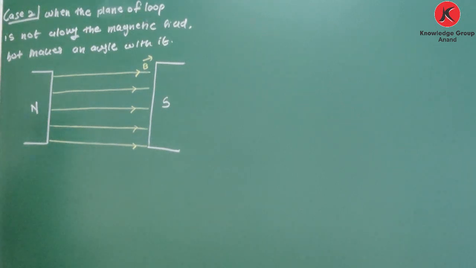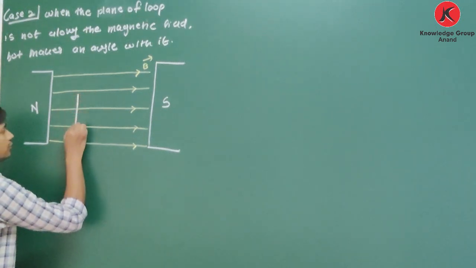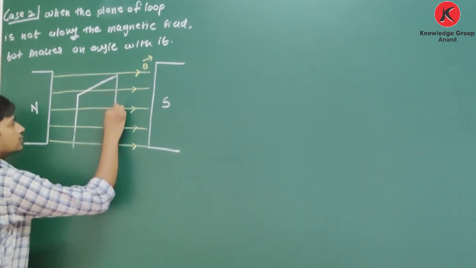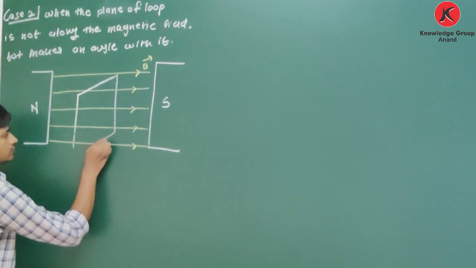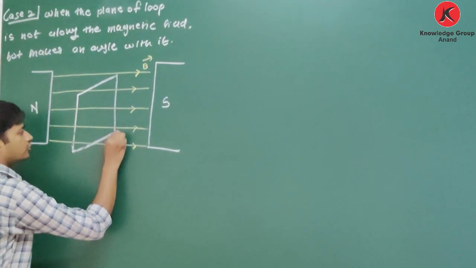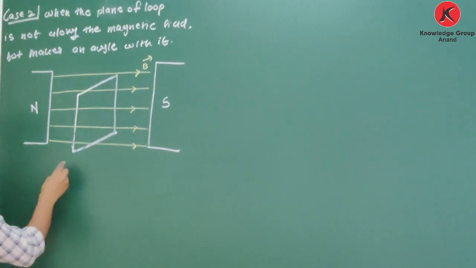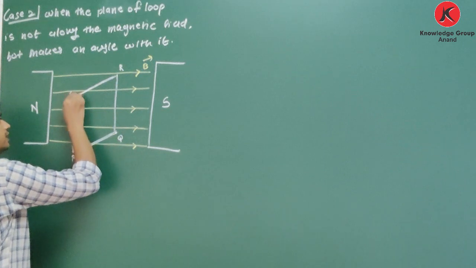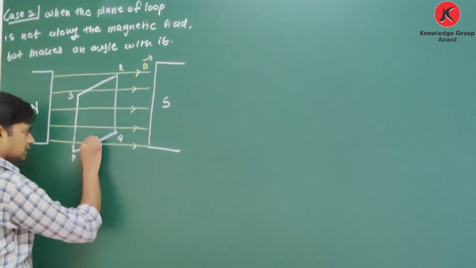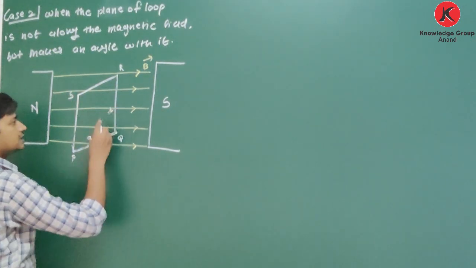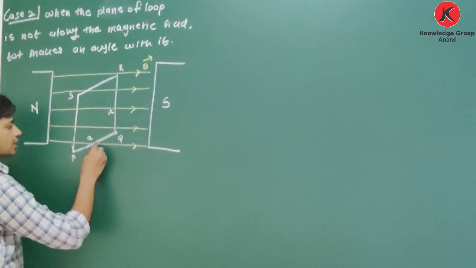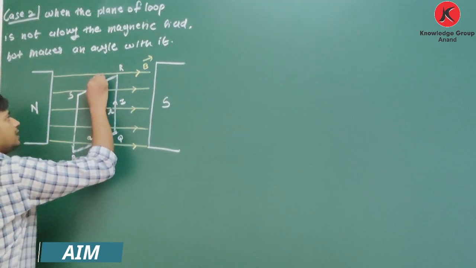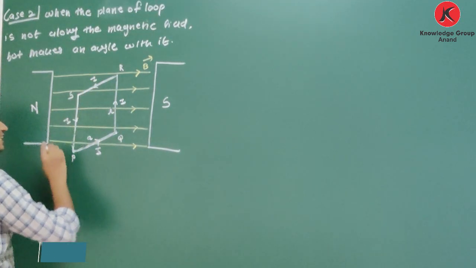Then what happens? See here, I can draw this loop like this. It is P, Q, R, and here it is S. This side it is A, this side it is L. The current flowing is also I. Clear about this?